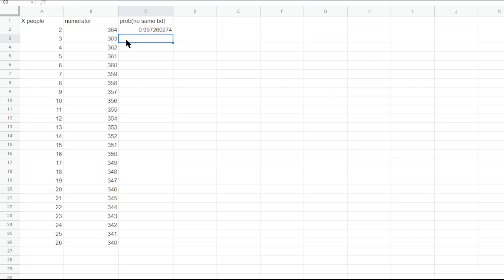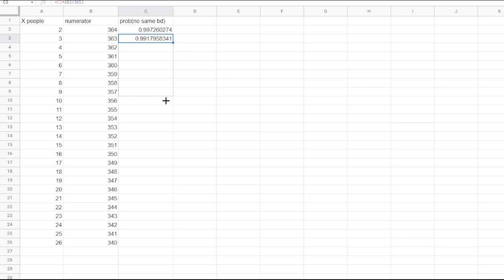Then the way we want to do it, for 3 people, is we use the number from 2 people and then multiply by this numerator, because the third person has 363 choices left to choose from, divided by 365 days in a year.